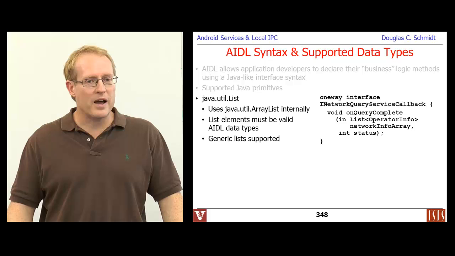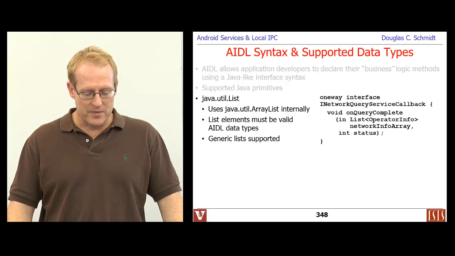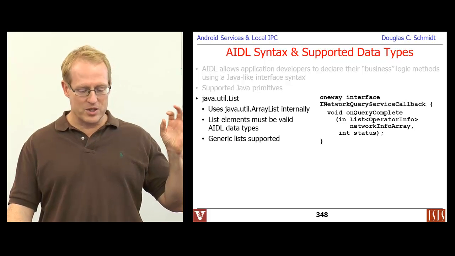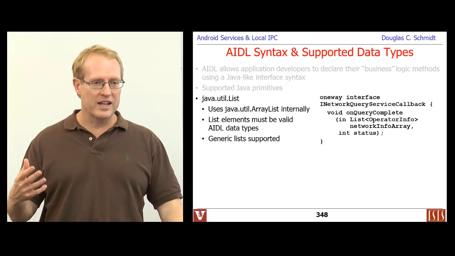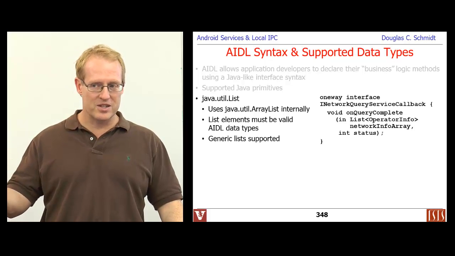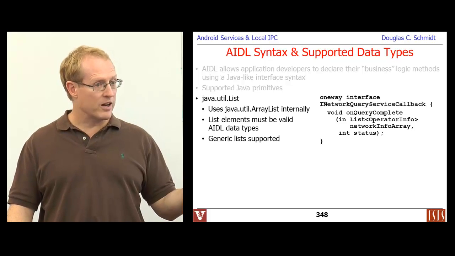You can also pass around lists. So there's this thing called Java util List, and internally, it uses the Java util ArrayList as the implementation. The mapping of the IDL list abstraction is this underlying Java list abstraction. And you can support generic lists.